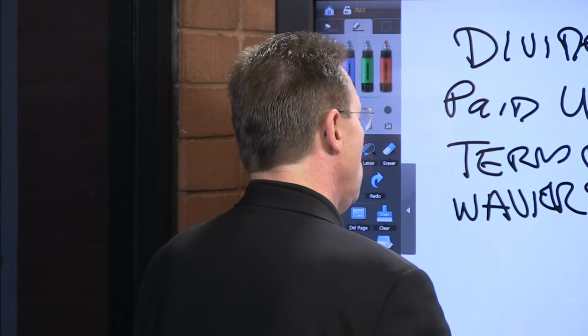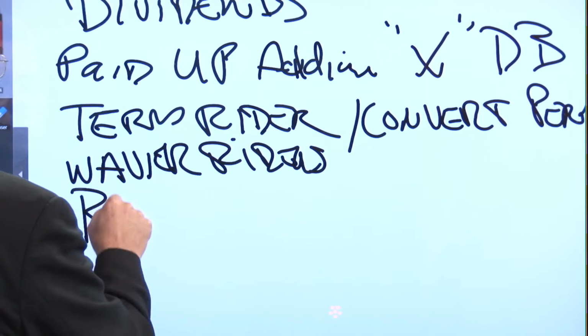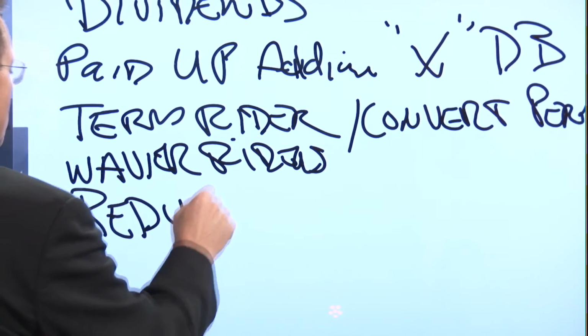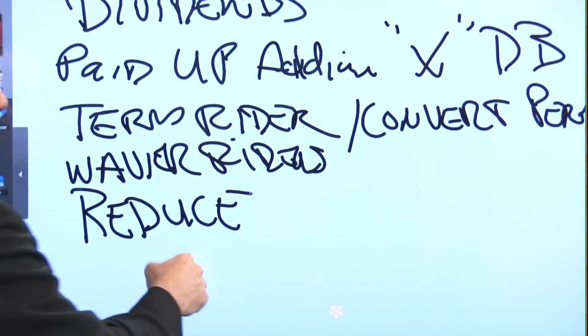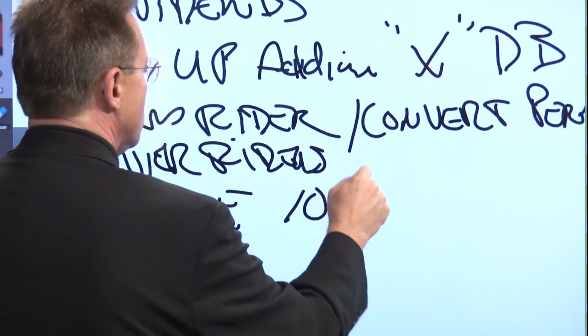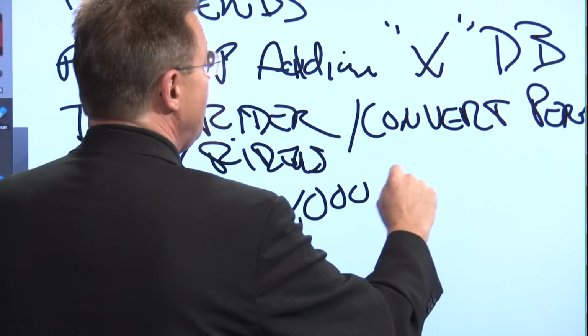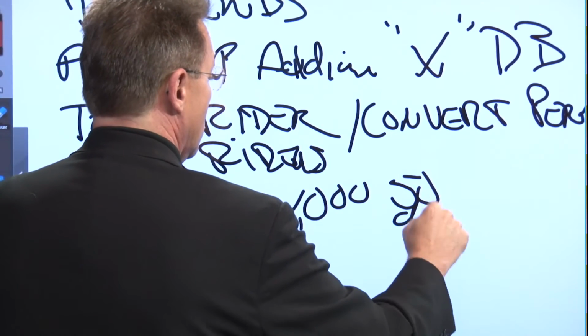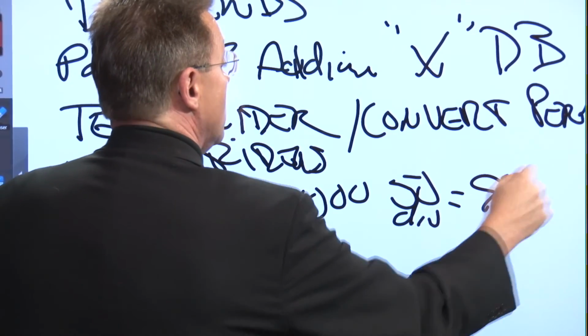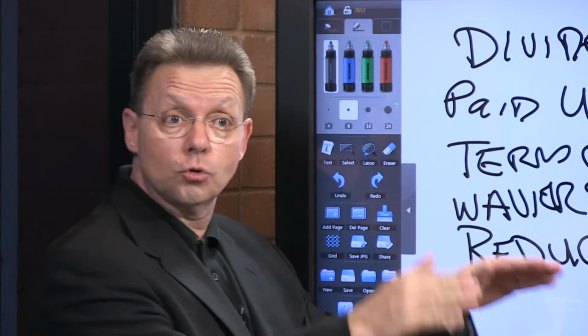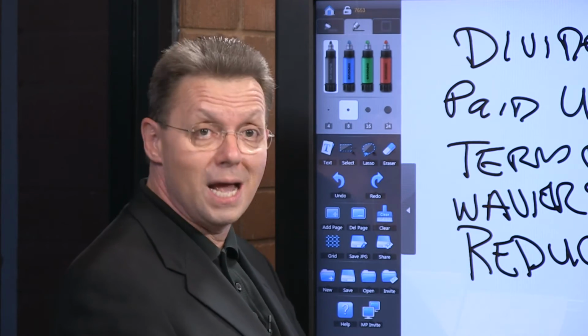You could also reduce your premium. So every year, let's say your premium was $1,000 and the actual payout was about, let's say, $50. It was your dividend. You would have to pay $950. So your actual premium price would actually go down.